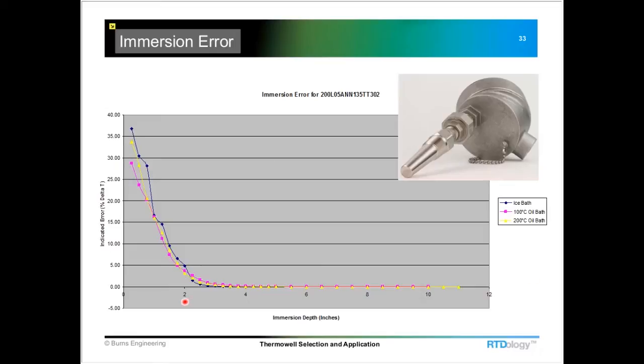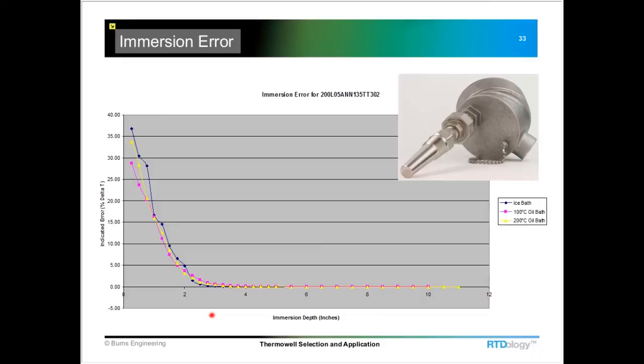So that's along the x-axis here, so we've got 2 inches and 4 inches. And the error is expressed as a percentage of the delta T. We're doing this at room temperature, and we can see that for a roughly 2.5-inch immersion Thermowell, we have roughly 3% of that delta T. So if we're at 200 degrees C, well, we'll pick 100 degrees C just so the math is easier.